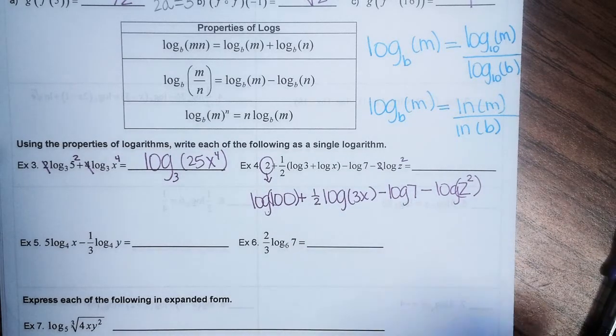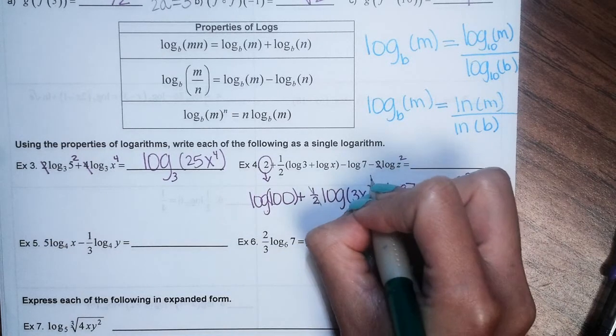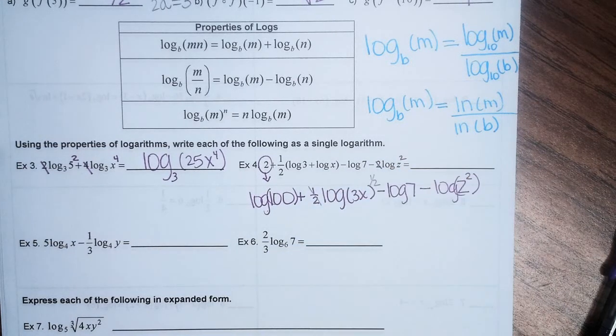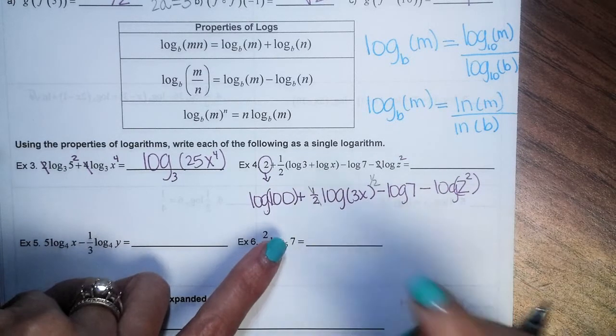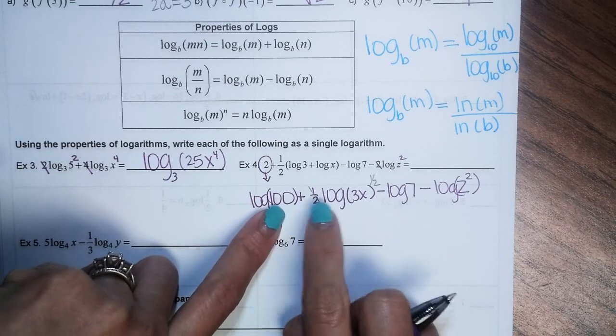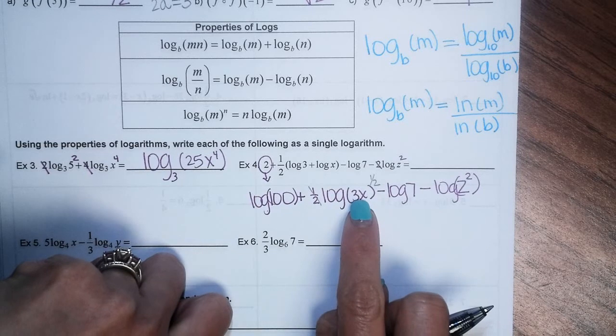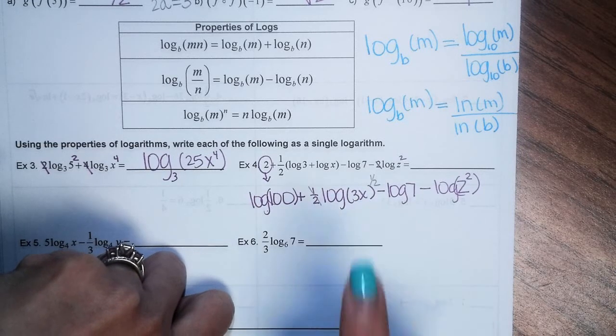Let's make this 1/2 coefficient the exponent here. And let me combine these first two logs. Again, since those are being added, I can just multiply the 100 times the 3x to the 1/2.